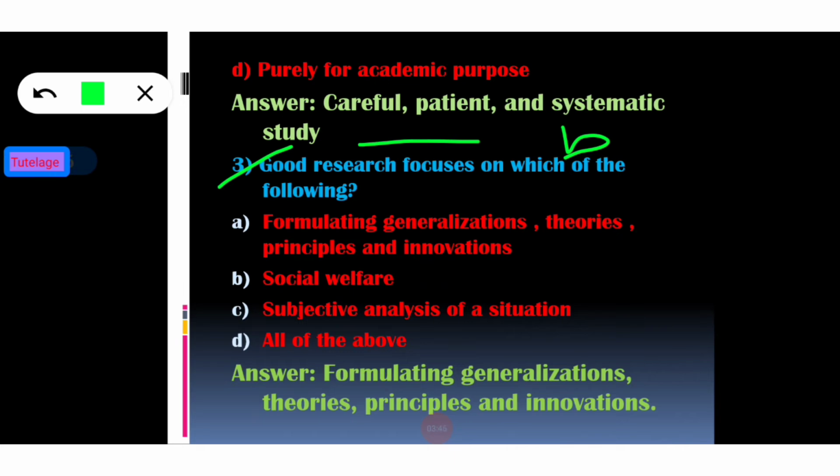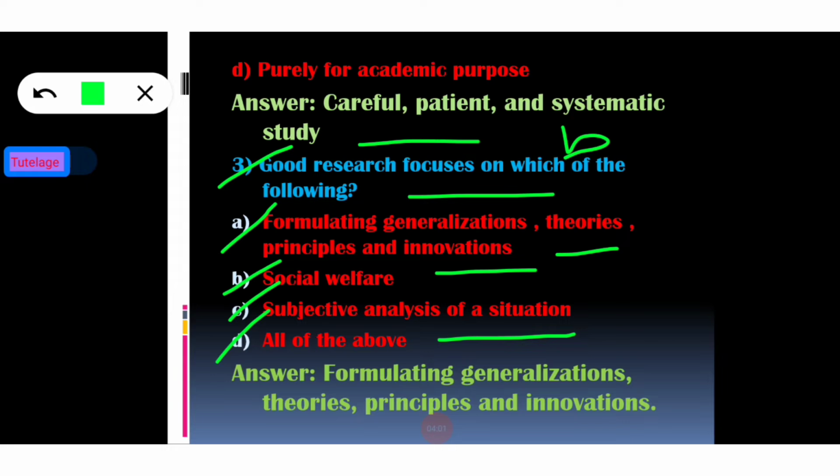Good research focuses on which of the following? The first option is formulating generalizations, theories, principles and innovation. The second option is social welfare. Third option is subjective analysis of a situation. And the fourth option is all of the above.